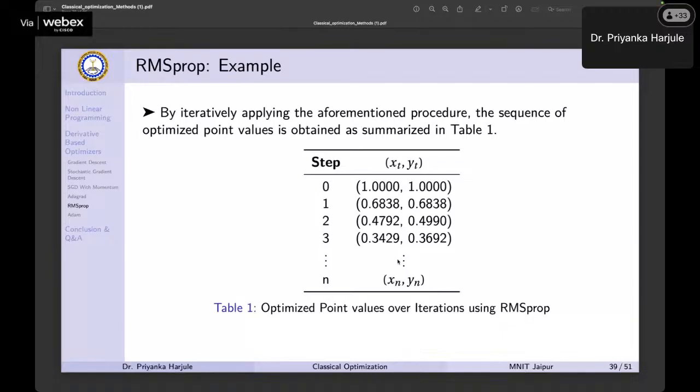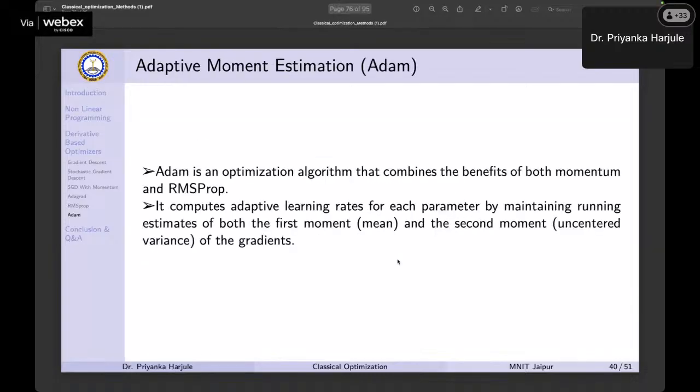In ravine-shaped loss surfaces, where the gradient changes abruptly, bouncing side by side, RMSprop ends up making zigzag turns. So that's where the adaptive moment estimation, that is Adam, comes into the picture, which combines the advantages of these two extensions: momentum as well as RMSprop.